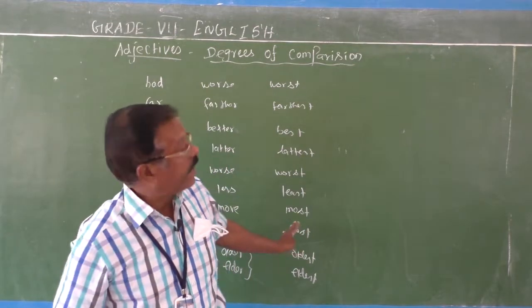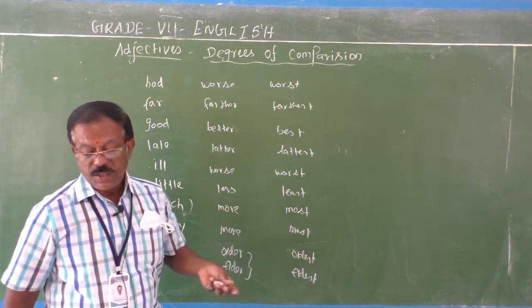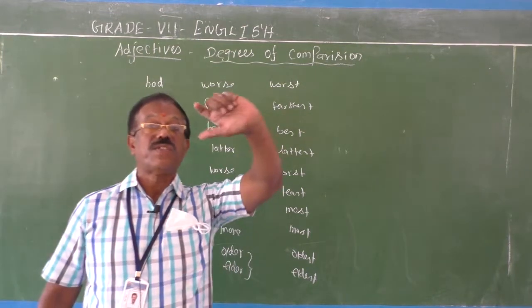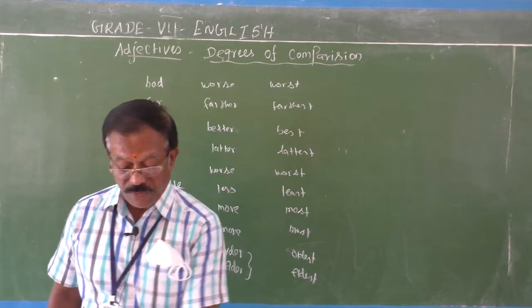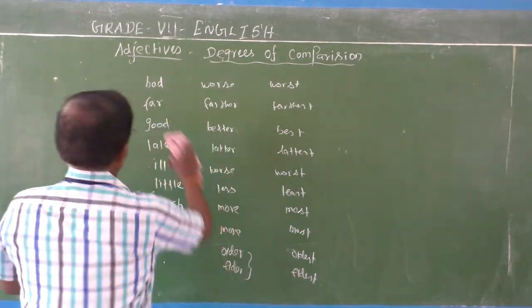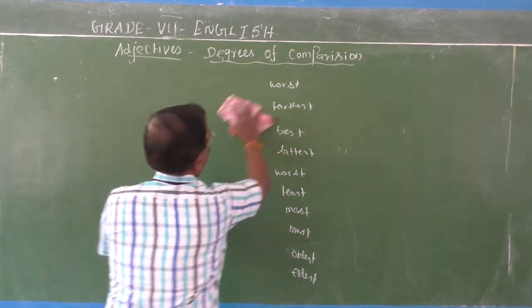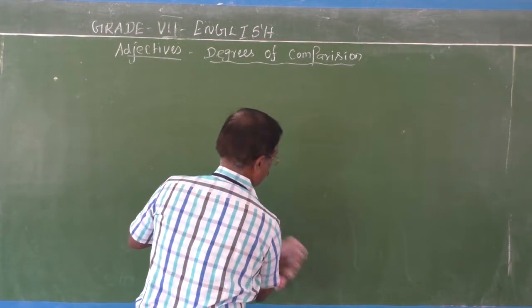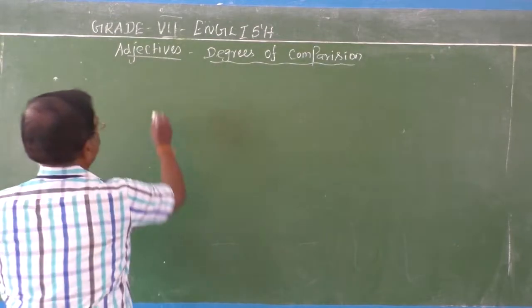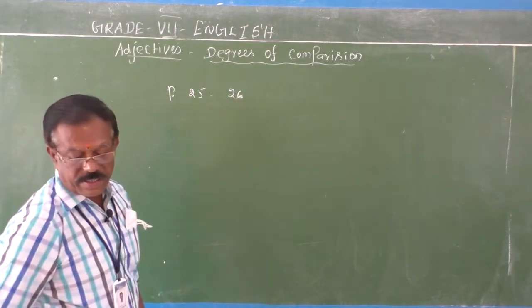So based on the exercises and the things we have discussed in today's video class, you have to work out all the exercises given on page number 25. I will write it on the board. The exercises, page numbers 25 and 26.